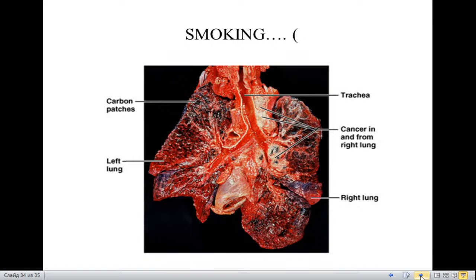Due to the movement of these cilia, foreign substances, dust and other structures are evacuated from the lungs to the nasal cavity, and then due to cough you remove them from your organism. When you paralyze these villi, all these structures stay in the lungs, and of course this leads to the formation of carbon patches, cancers, and a lot of diseases.